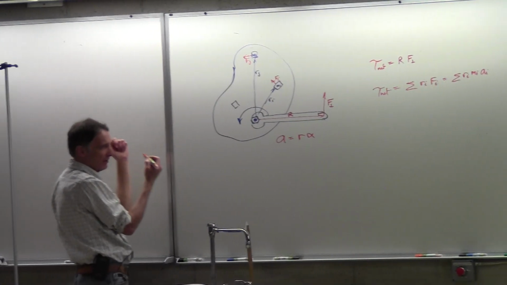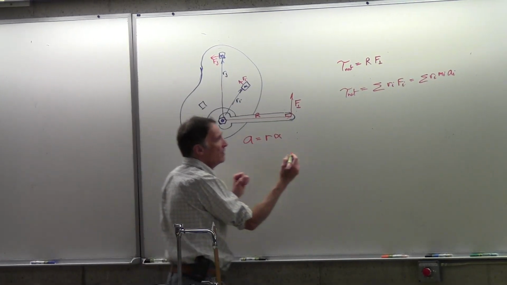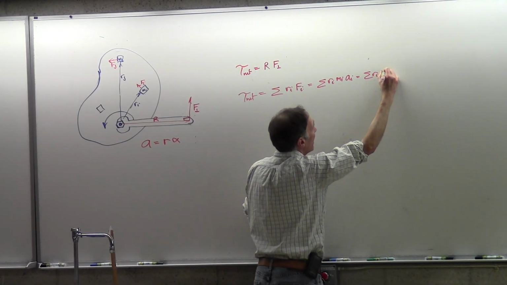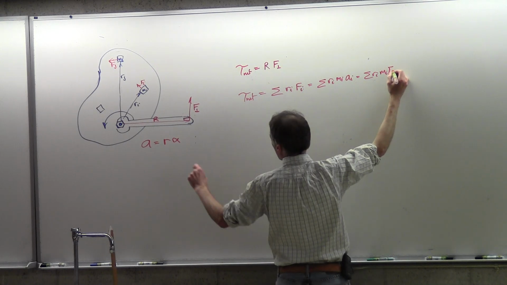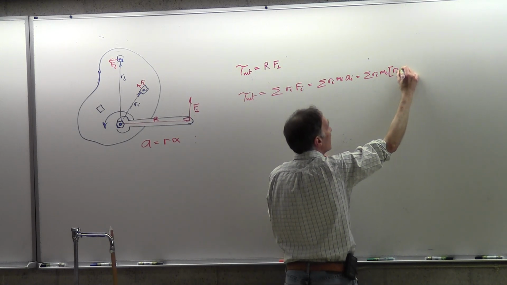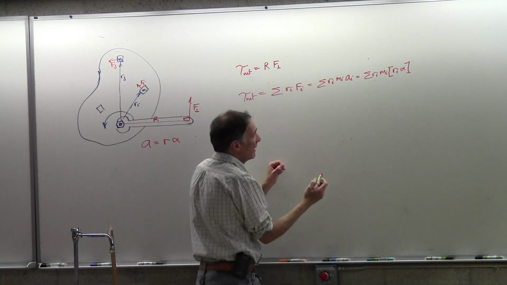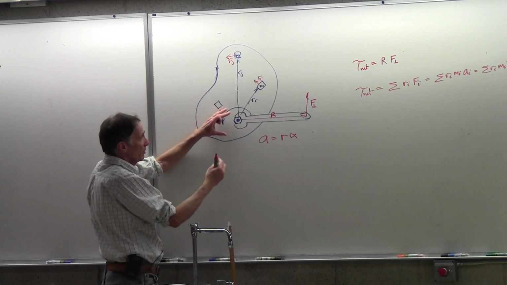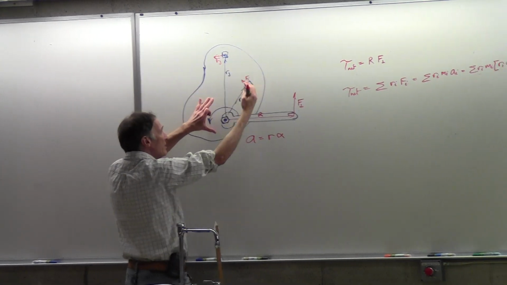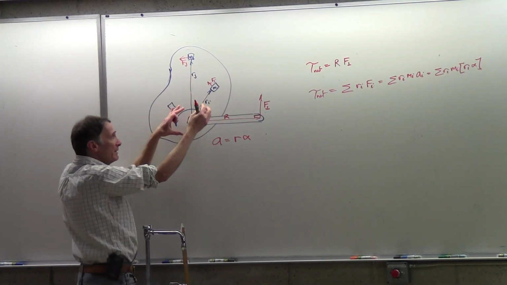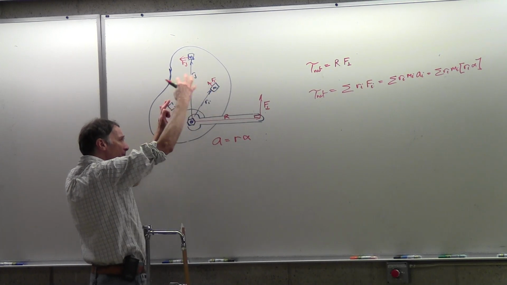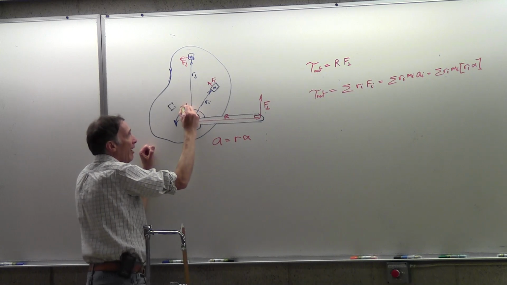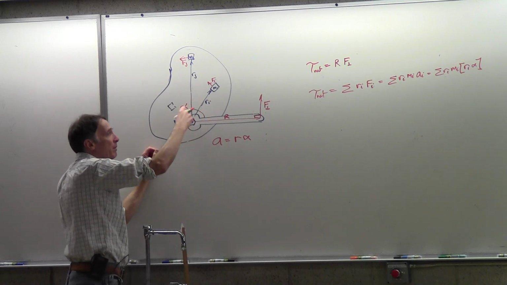This is where we first started in our description of motion. So I can put in for that acceleration: R sub i, m sub i, and then acceleration is R sub i times alpha. And alpha is going to be a constant. That's why we want to use these rotational terms. All of these things are going to accelerate differently, but they're all locked together as a solid object and are rotating with some angular acceleration, alpha.